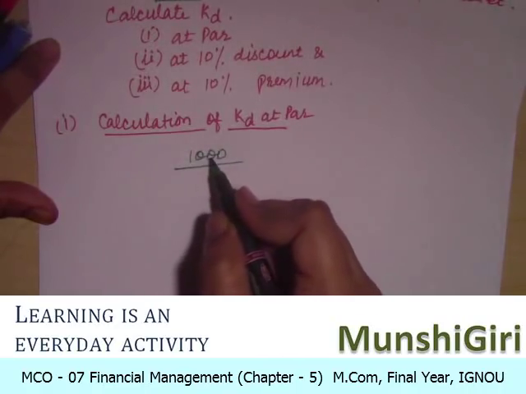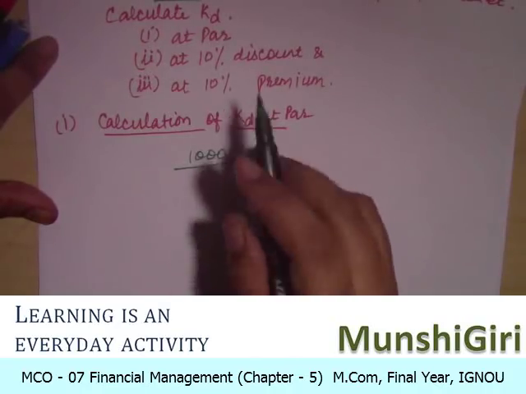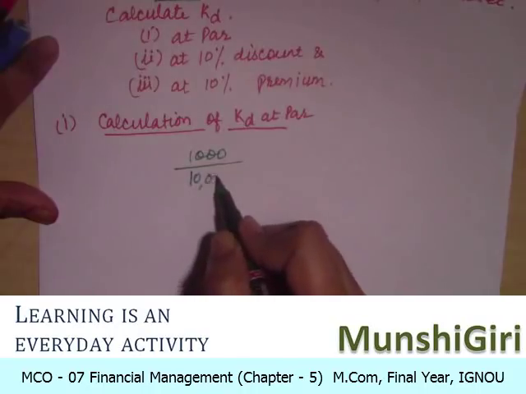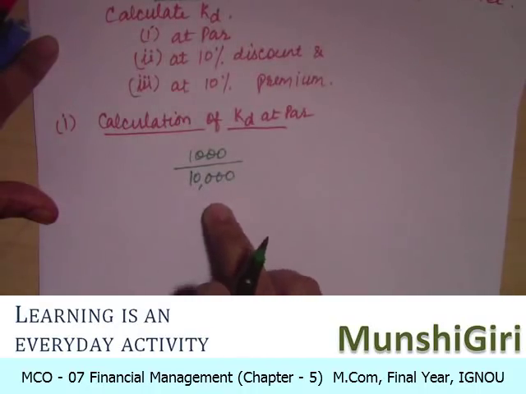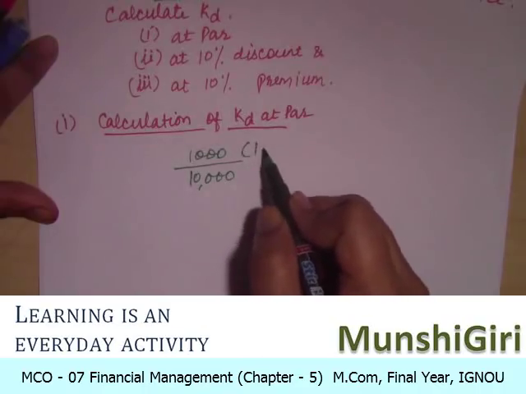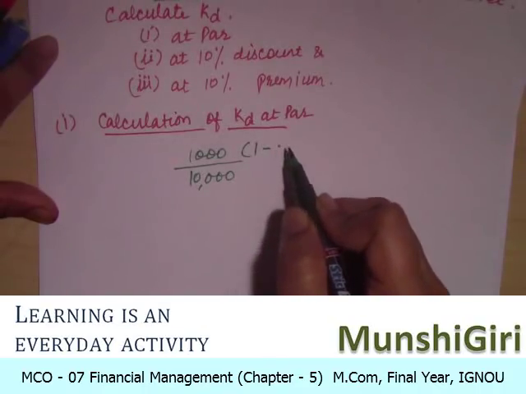We are paying 1,000 rupees on 10,000. Net proceeds that we received are 10,000 and this is tax deductible, so we will be doing 1 minus tax, that is 0.50.